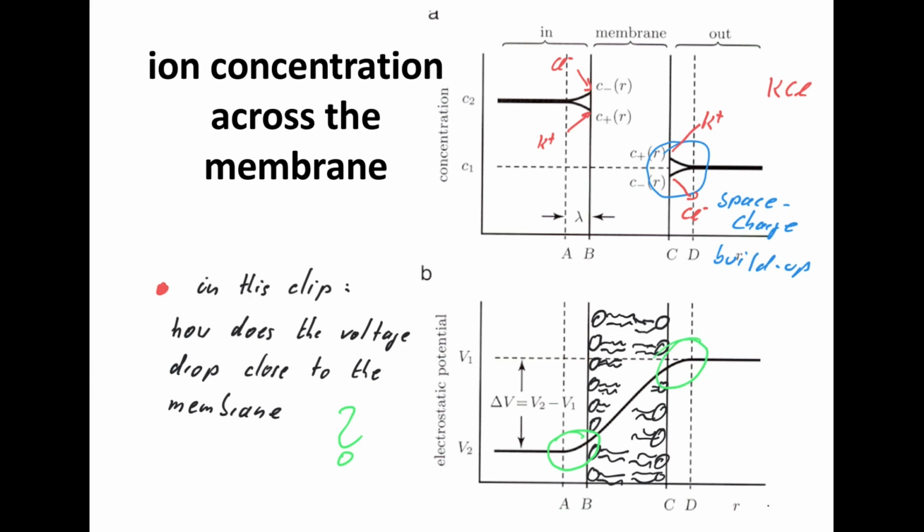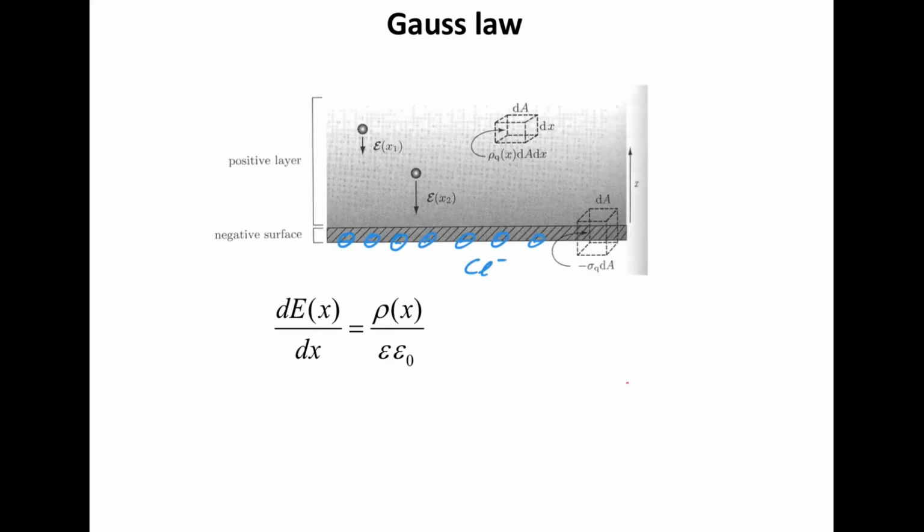The solution to this problem is basically looking into the electrostatics of the system. The electrostatics says that we have a concentration of ions outside, and the membrane we just view as a charge density on a flat surface.